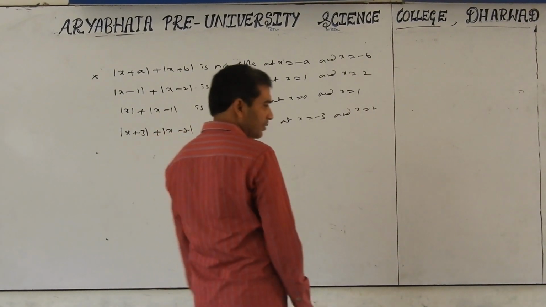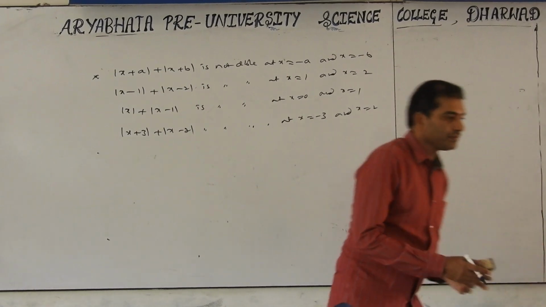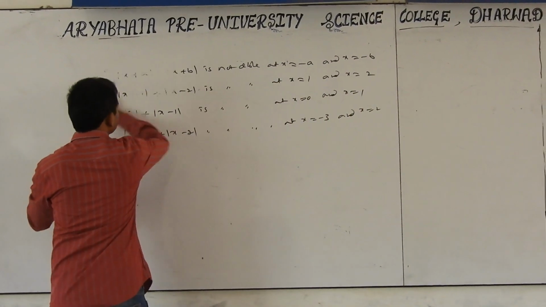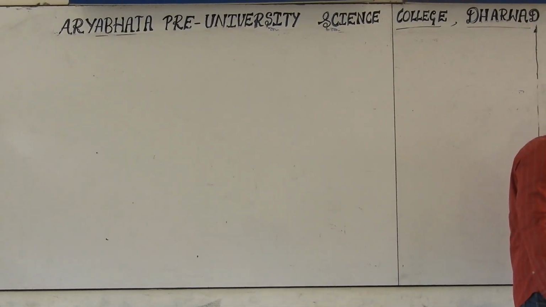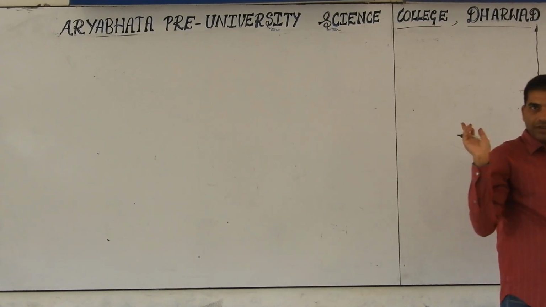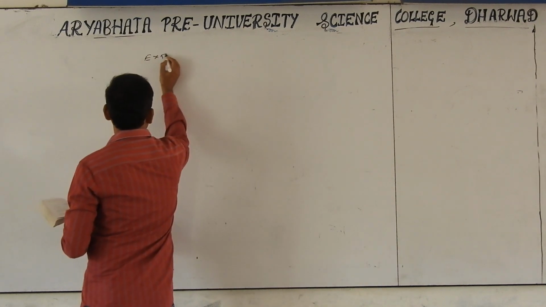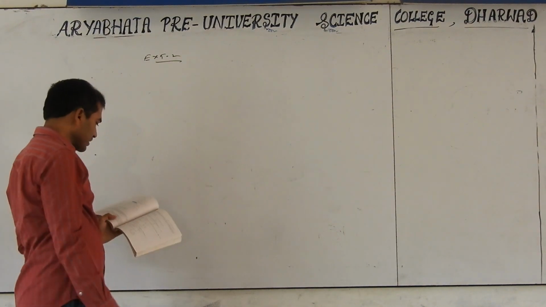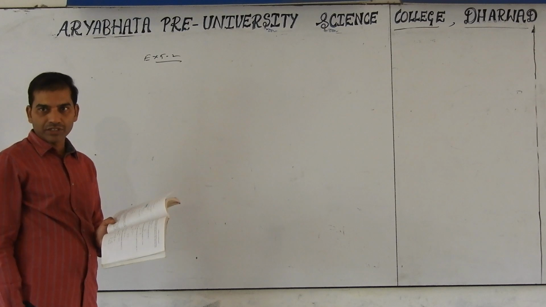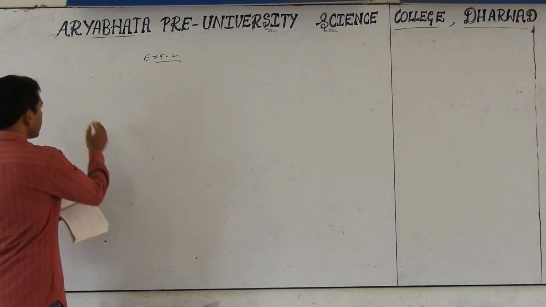Okay? Now, exercise 5.2, the question number 10. 9 already discussed. Okay? Exercise 5.2, 9th question we have discussed. The mod x minus 1 is not differentiable at x equal to 1. Now the question number 10.